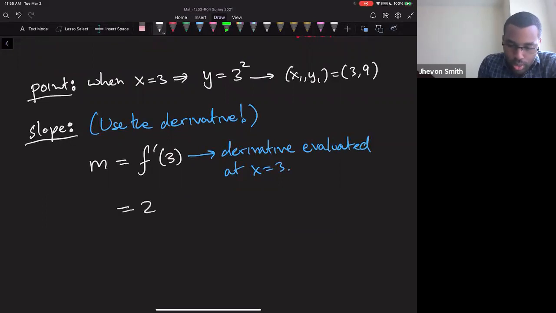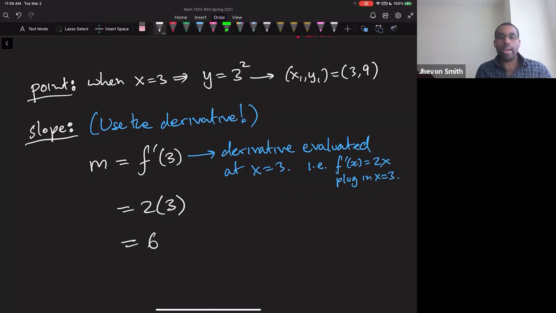Well, it's just 2 times 3 because the derivative is 2x, right? So this is, i.e., f prime of x equals 2x, and plug in x equals 3. So that leaves us with 6. So now I know the slope and I know a point.